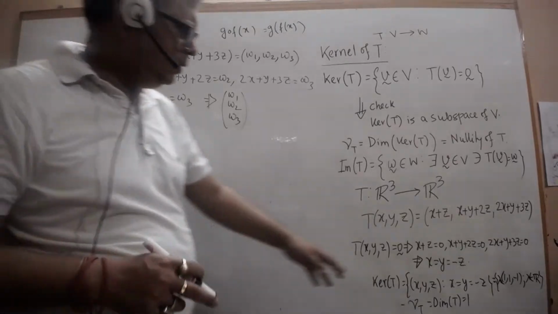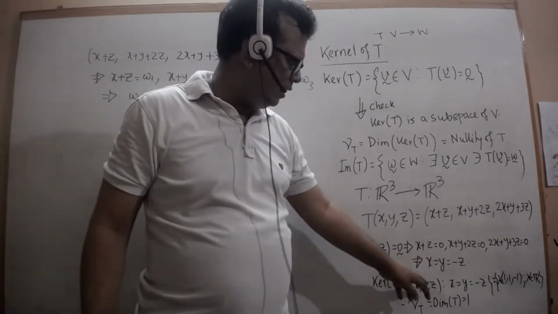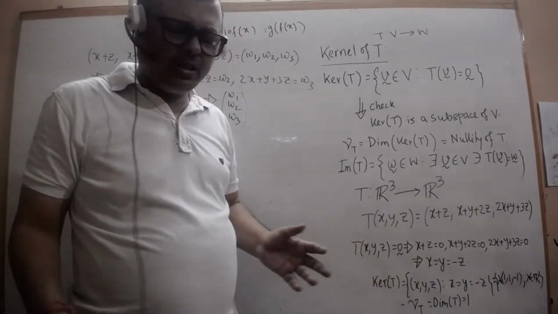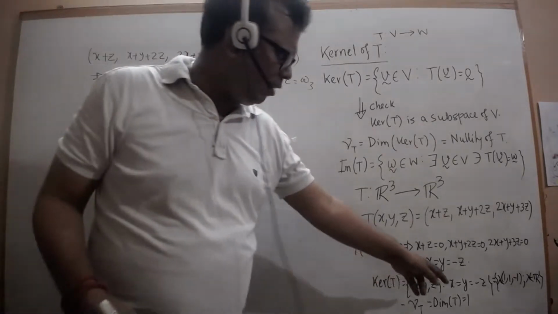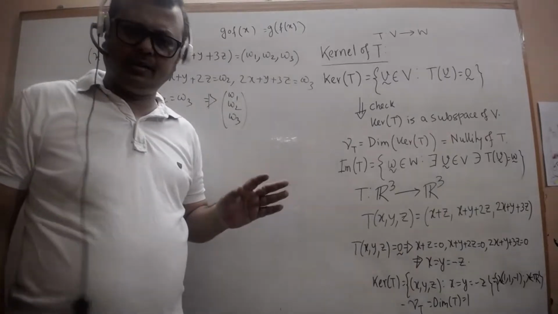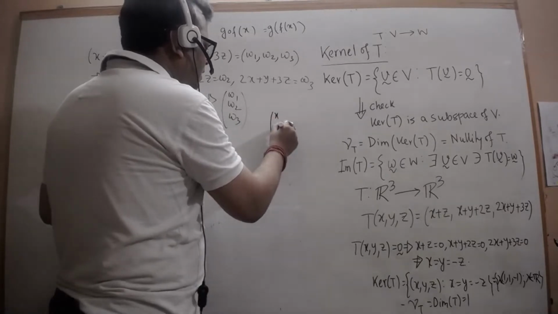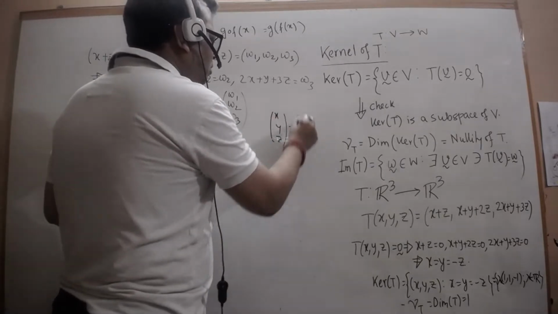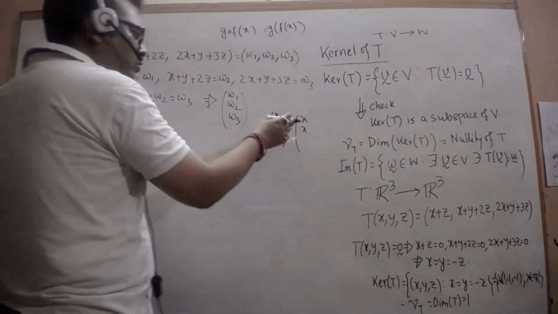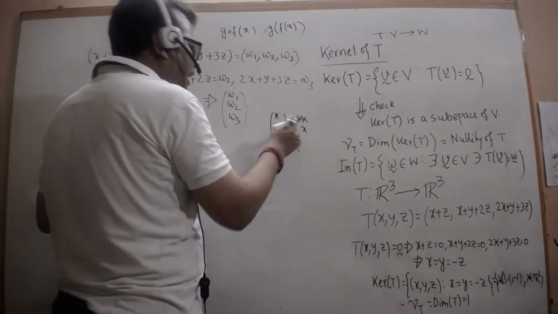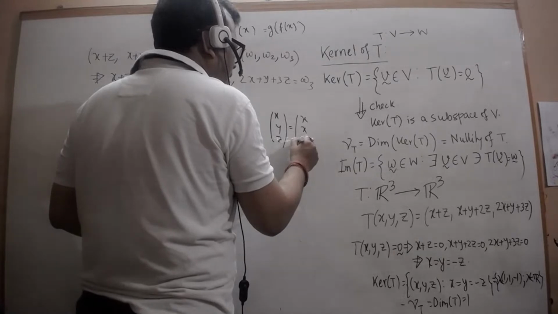Dimension is a simple thing. Actually, kernel of T consists of the vectors of R3 which satisfy the condition that x equals y equals minus z. So (x, y, z) is equal to x, since x equals y, so I replace y by x, and since z equals minus x, I replace z by minus x.